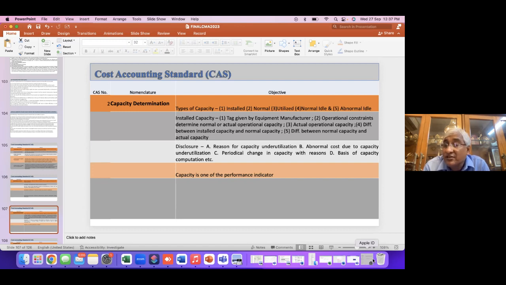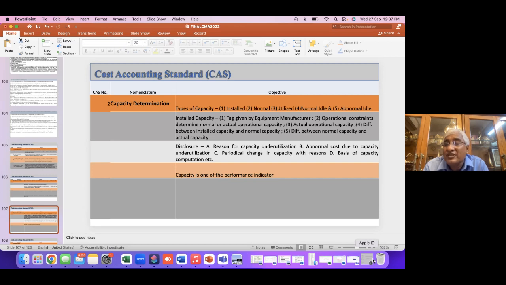So the reason for underutilization is there, and also the fact that 100 chocolates per minute is not going to happen; it is 50 chocolates per minute. So for capacity underutilization, you have the reason.